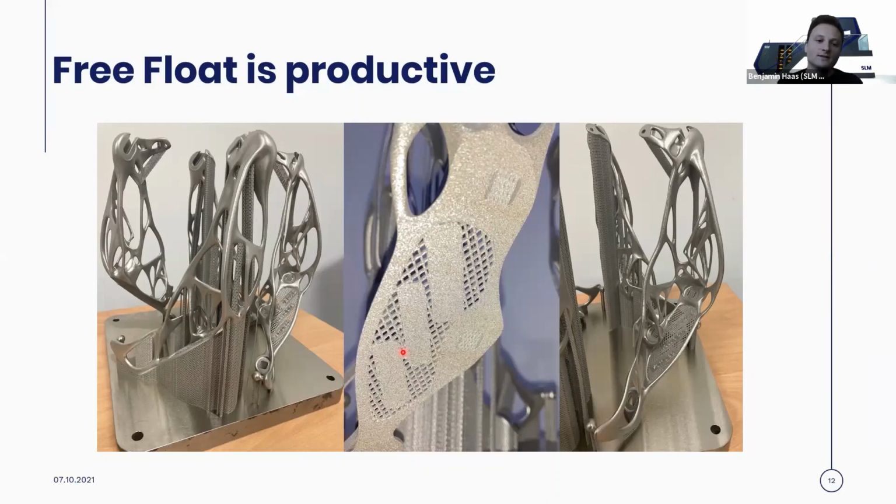And of course, since our parameters have been open and will always be open, this will also give you the opportunity to further dial in on those downskin parameters to even adapt them to this specific part and make the surface even better.